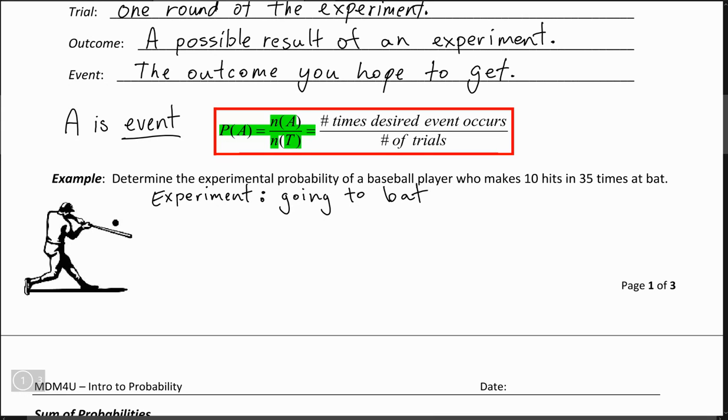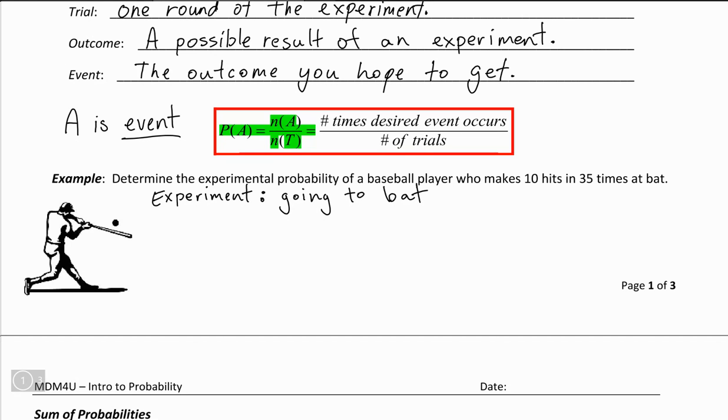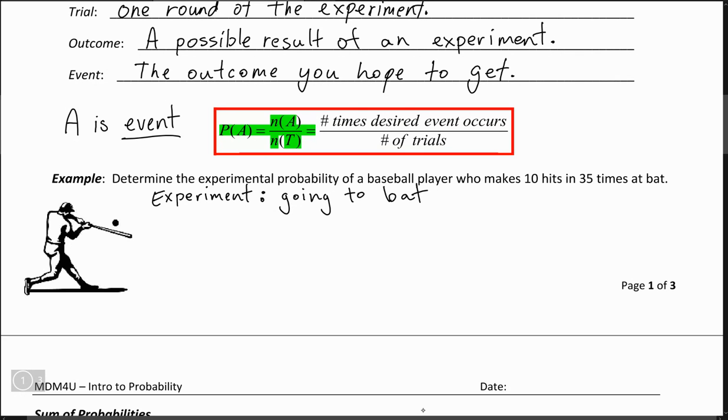So the trial is actually going to the bat and making a swing, right? So how many trials did this baseball player do? Well, he did 35 trials. So the number of trials is equal to 35.